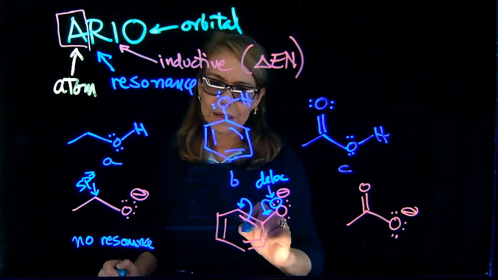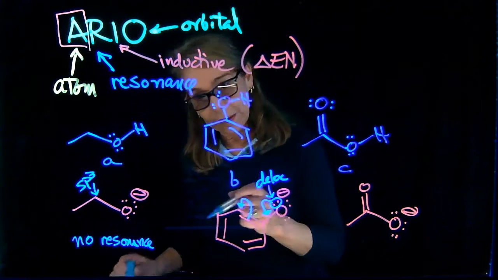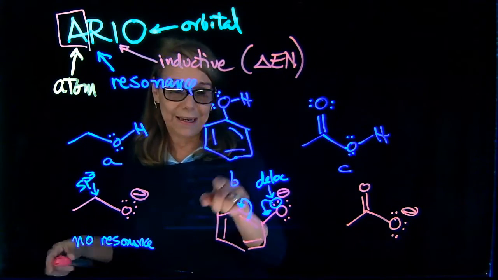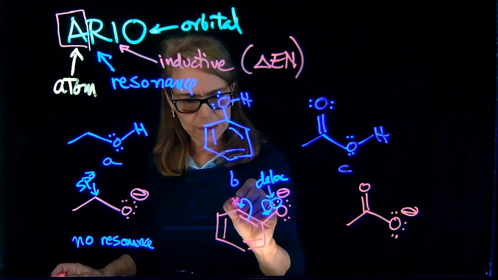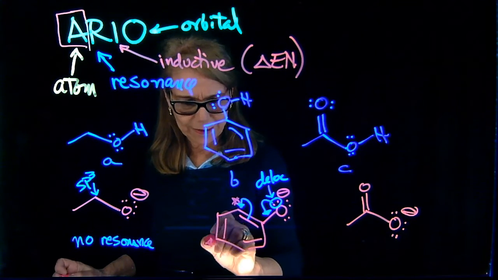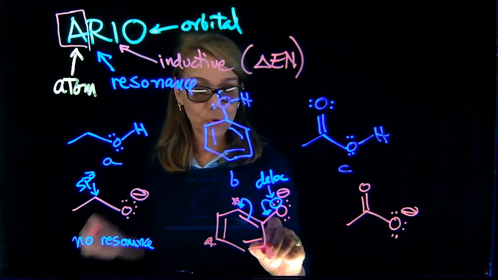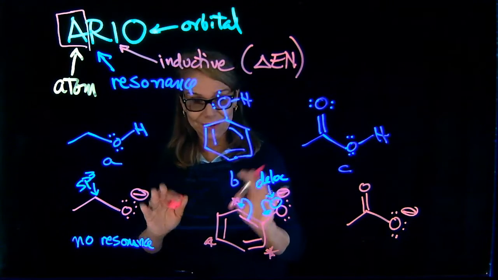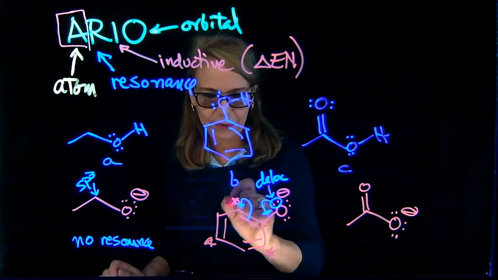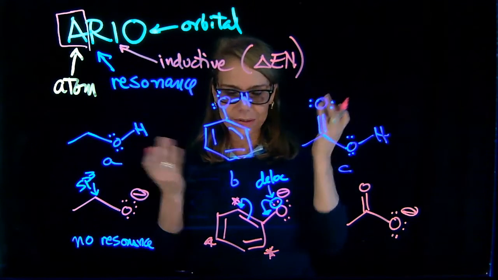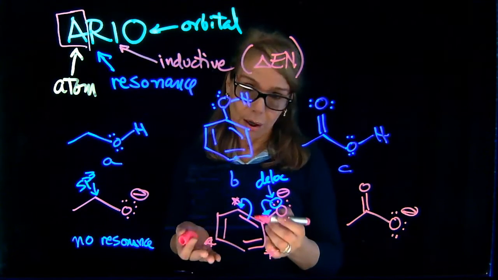So I have resonance effects here. All of the resonance structures in this molecule are going to place negative charges on this carbon, this carbon, and this carbon. So draw them all, move your electrons around so that you know all the resonance structures. The negative charge is going to be here, here, and here in the different resonance structures, but on a carbon.